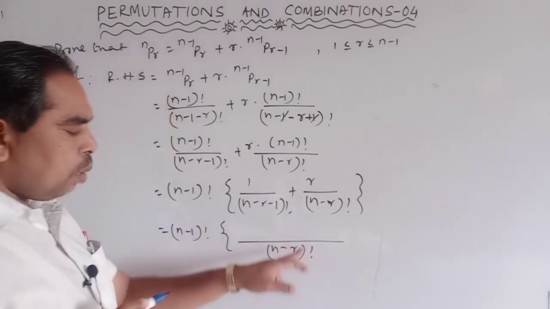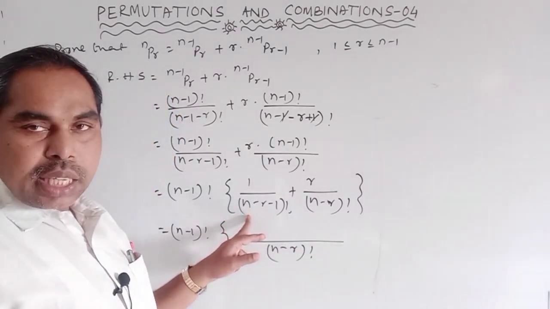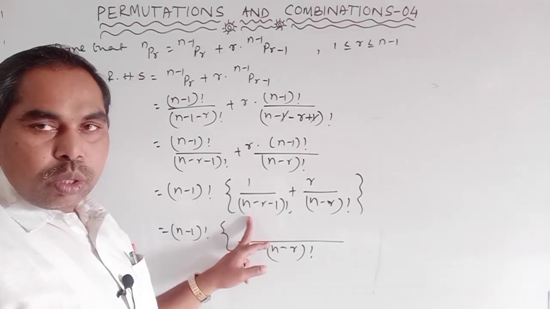So (n-r) factorial divided by (n-r-1) factorial is equal to (n-r).